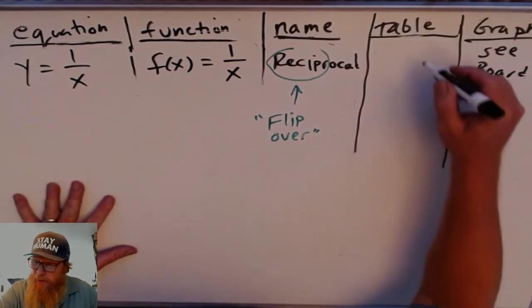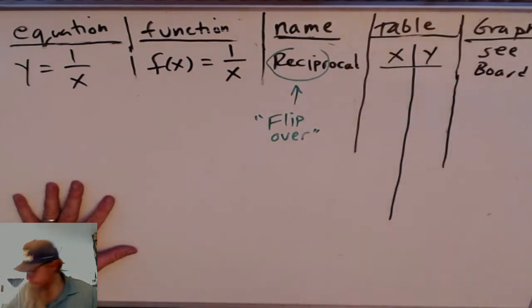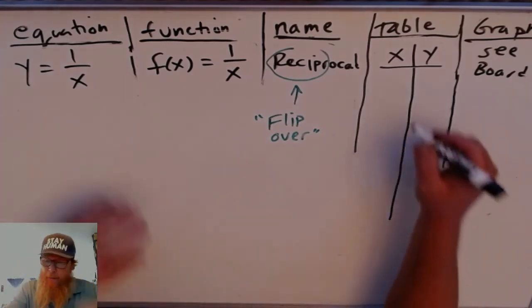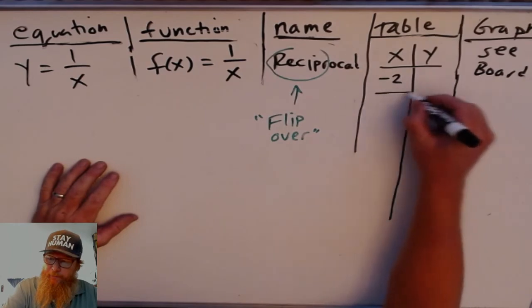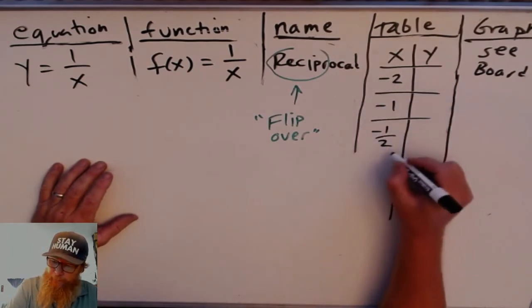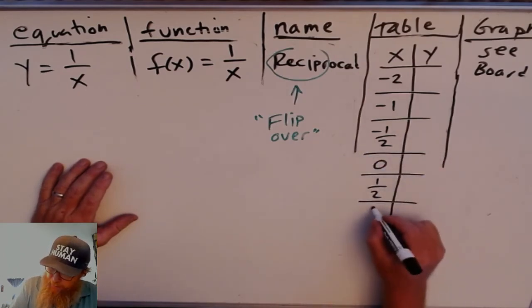The table is a little bit bigger in this one. It's got a lot of numbers. It's 7 numbers.